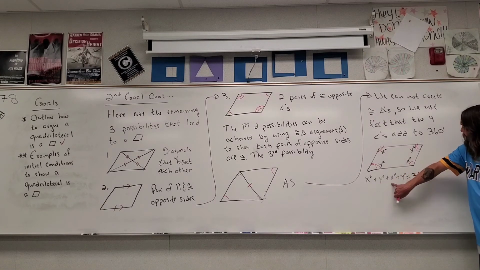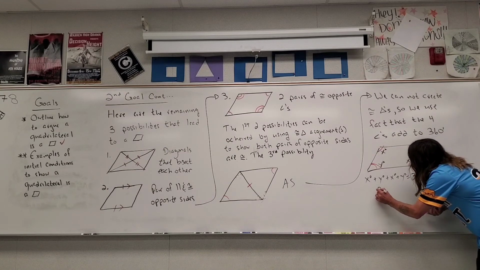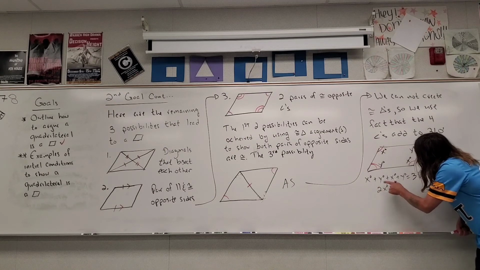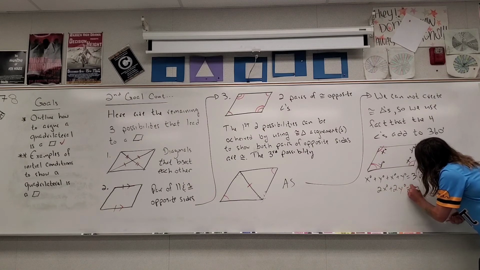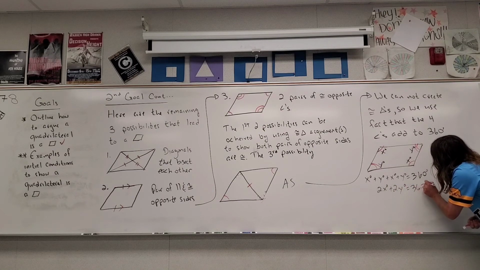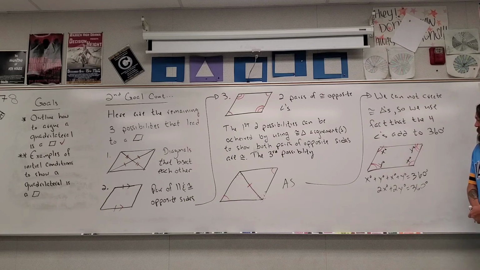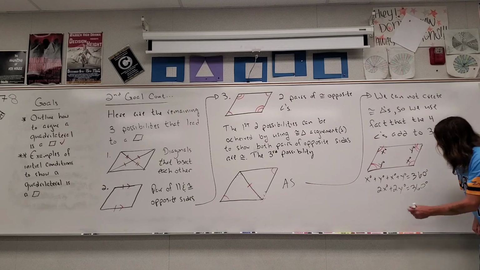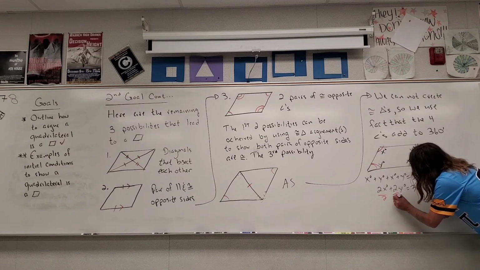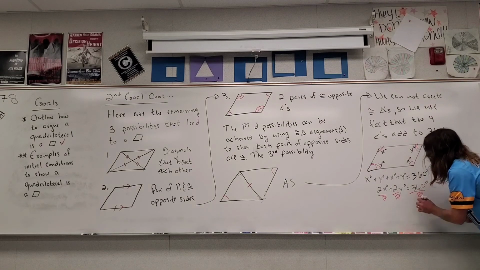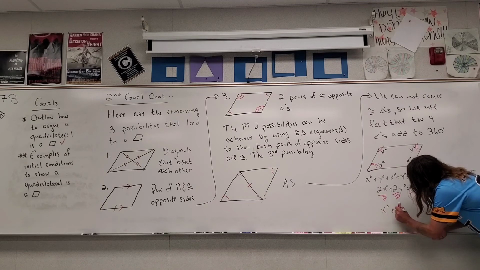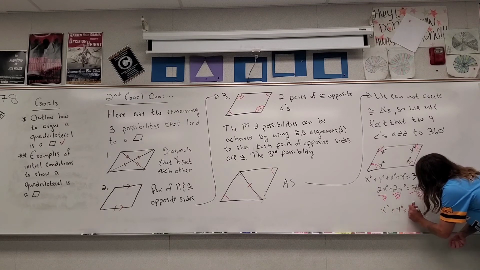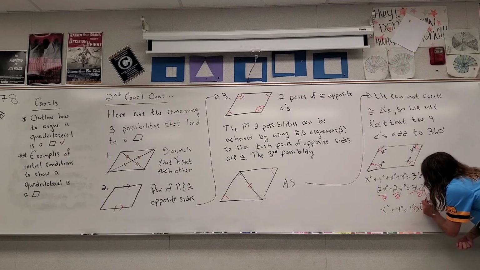But I have two x degrees, and I have two y degrees, and that still equals 360 degrees. I can divide away a 2 because everybody in this equation has a 2. So now I have x degrees plus y degrees is equal to 180 degrees.